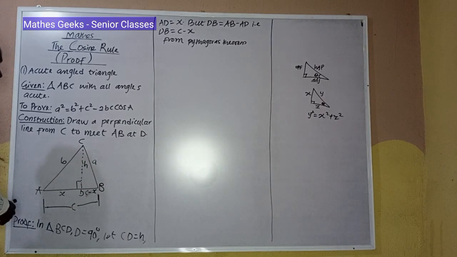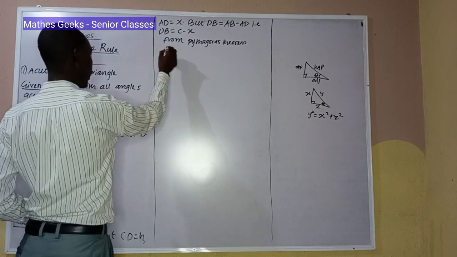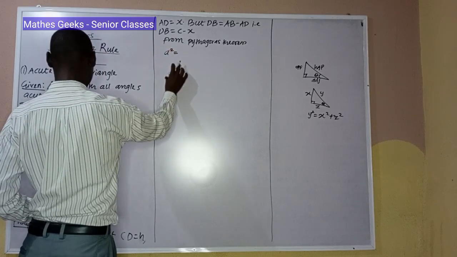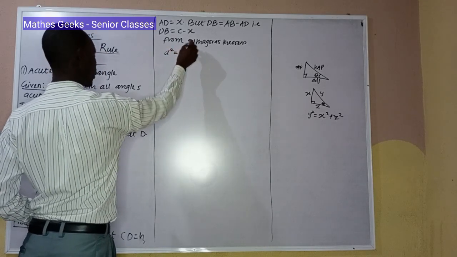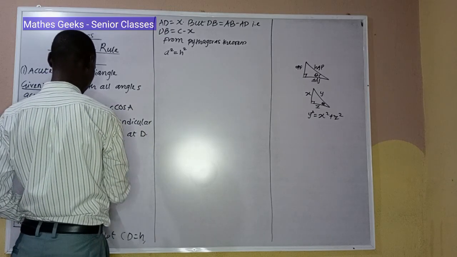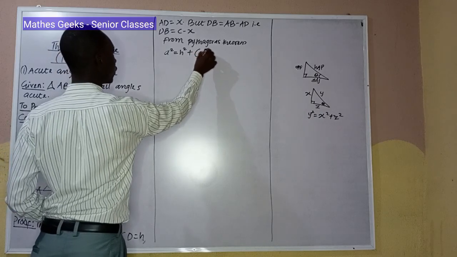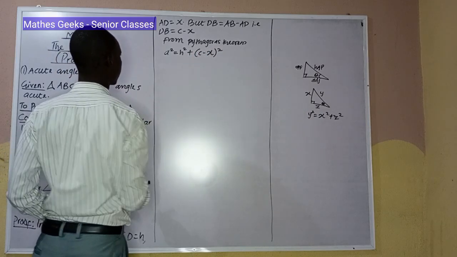Our hypotenuse is a, so a squared is equal to h squared plus (c minus x) squared.